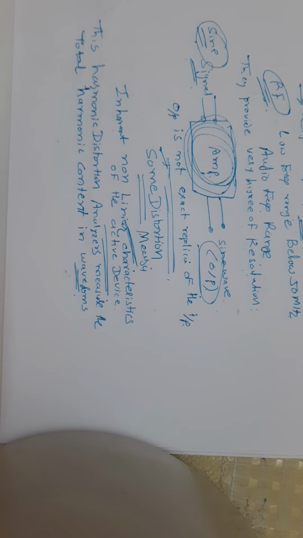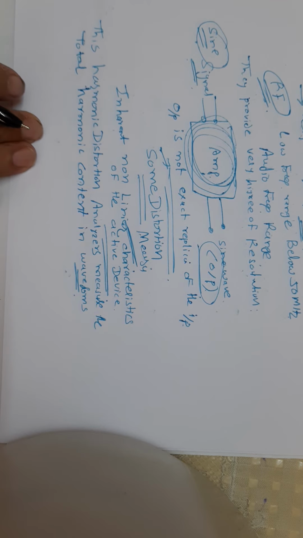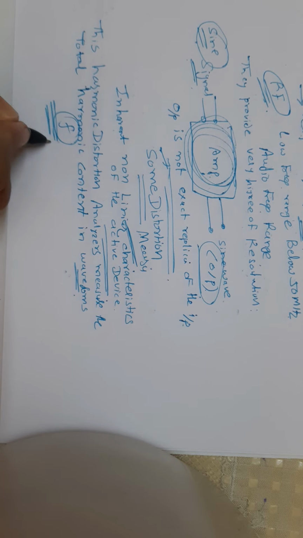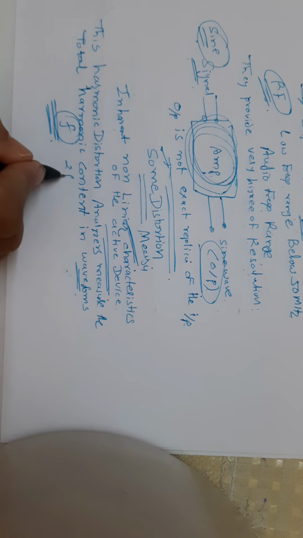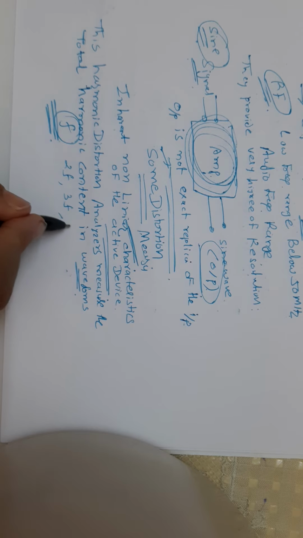It can be shown mathematically that an amplitude distorted sine wave is made up of pure sine wave components including the fundamental frequency f of the input signal, and harmonic multiples of the fundamental frequency: 2f, 3f, 4f, etc. That means f we consider as the fundamental frequency component, then 2f, 3f, 4f.